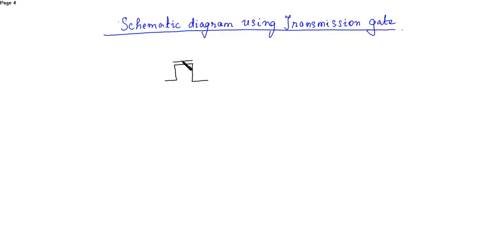We'll use 2 transmission gates. So this is transmission gate 1. Then we'll have another transmission gate. This is the transmission gate 2.